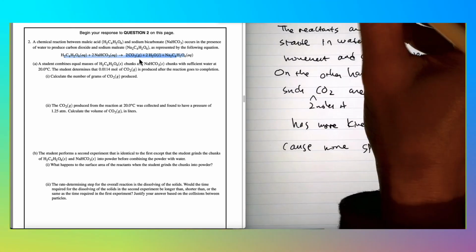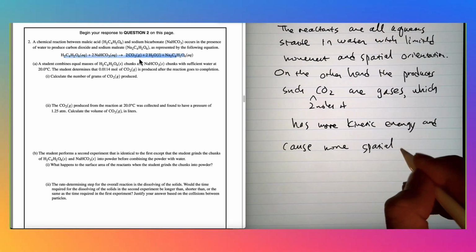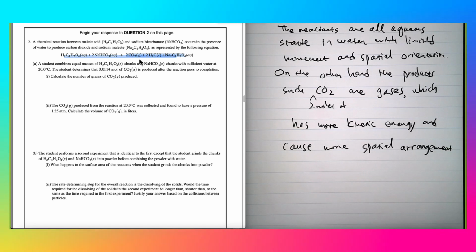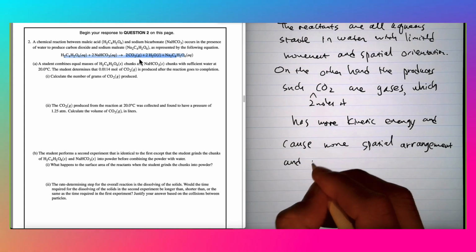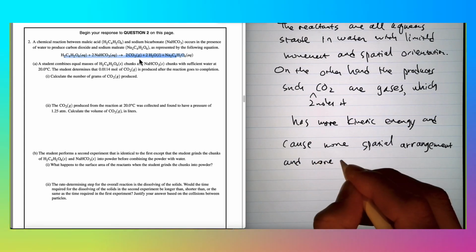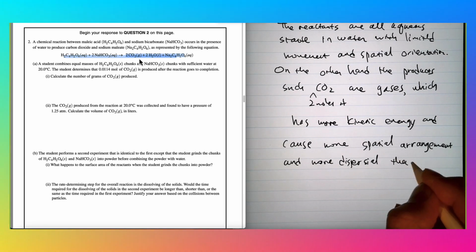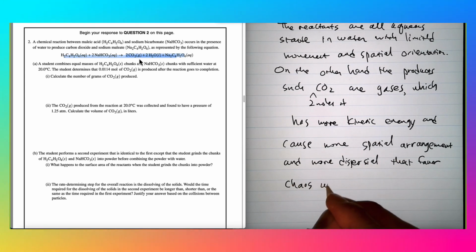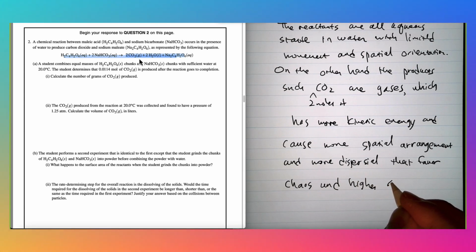Alright, I'm trying to write fast so my video is shorter, but at the sacrifice of my writing here. Spatial arrangement and more dispersal that favor chaos and higher entropy.